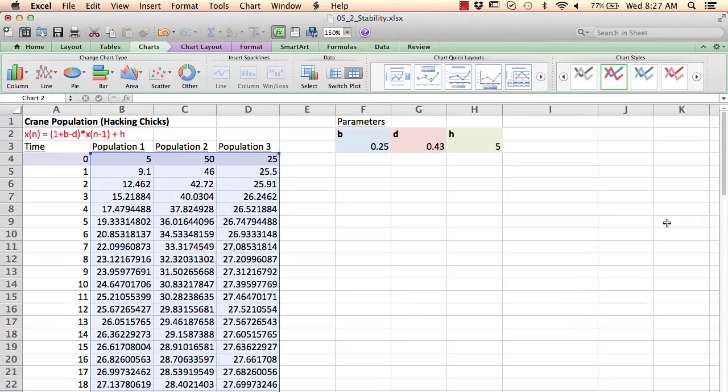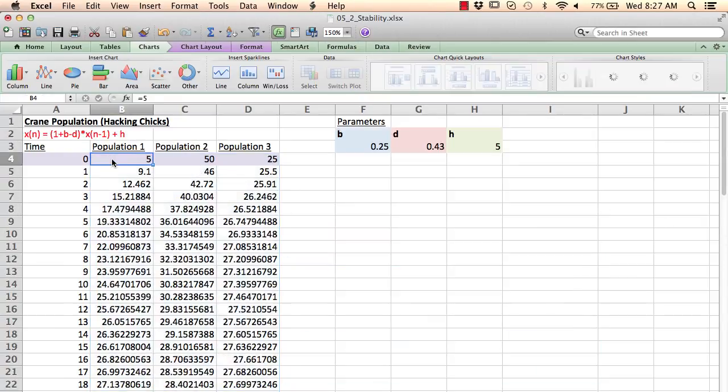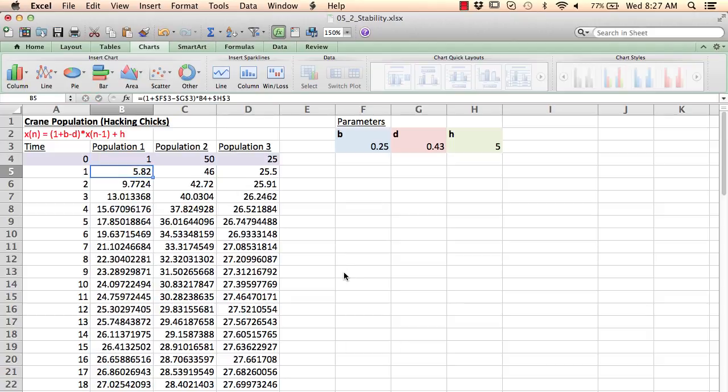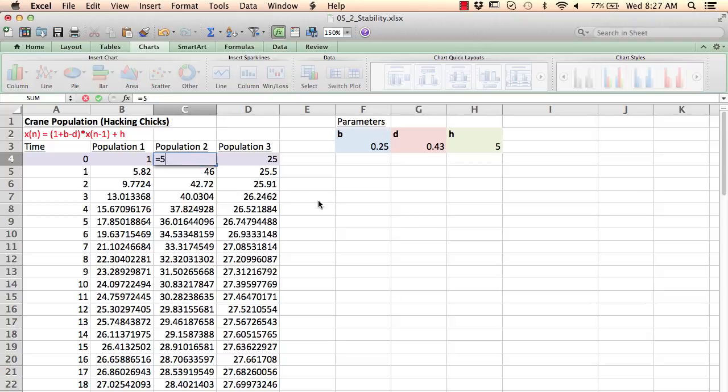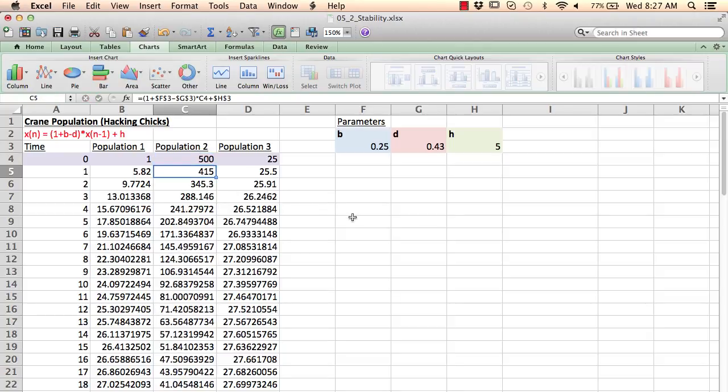So let's go up to the top. What's great about Excel is I can just change it one place and everything else will adjust. So if I change this to a 1, hit enter, everything else has adjusted for me. And here I'm going to change this to 500, and everything updates.